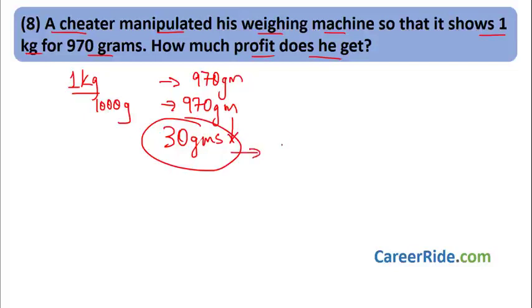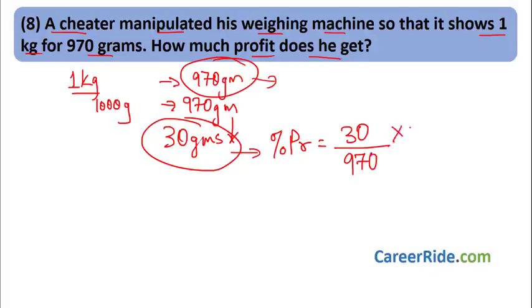How to express it in percentage? Percentage profit is nothing but profit in rupees, that is profit in grams, divided by cost price. Do we know the cost price over here? No. But what we know, actually when the weighing machine is showing 1 kg, the real or the actual weight is 970 grams. So this is the actual value, this is the cost price. So 30 divided by 970 multiplied by 100, this gets cancelled over here, we will have 300 upon 97%.